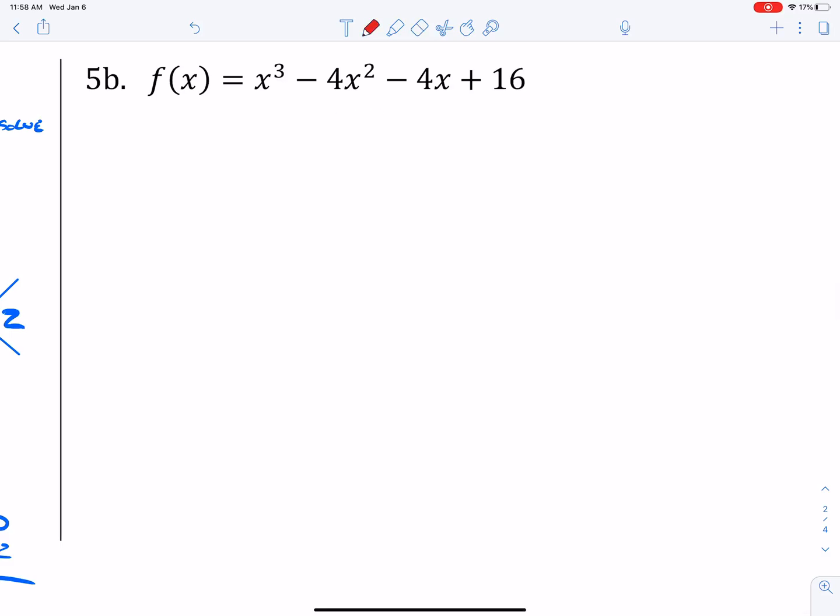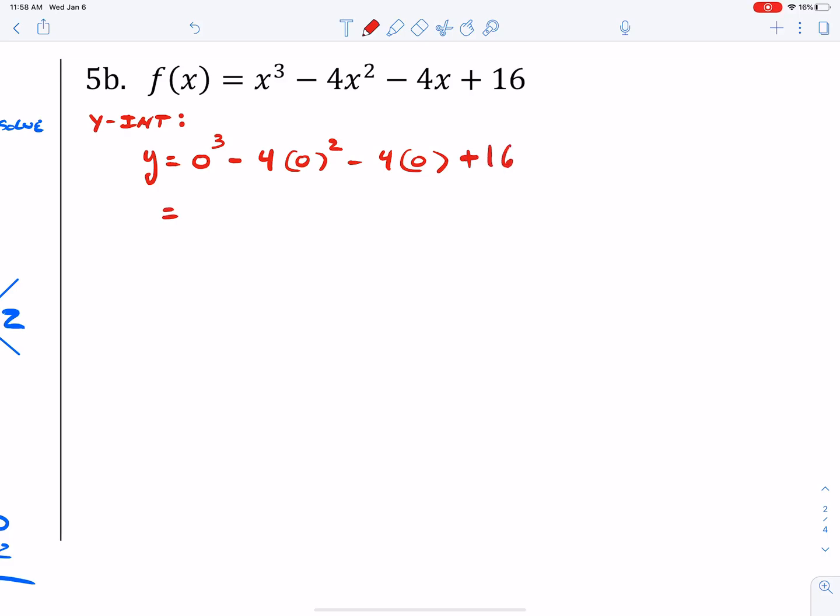So first step here is I want to find my y-intercept. To do that, you need to set your x's equal to 0, right? So I have y equals 0 to the 3rd power, minus 4 times 0 squared, minus 4 times 0, plus 16.